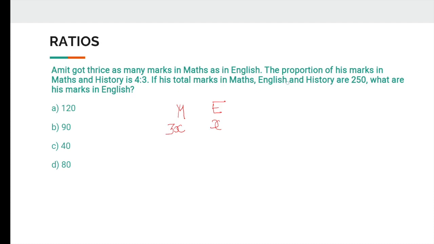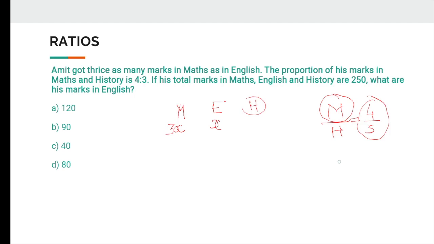Now the second part of the question: the proportion of the marks in math and history is 4/3. So let's take another subject, history. The proportion of math and history is 4/3. I don't know the marks in history, but I know the marks in math and their relationship.